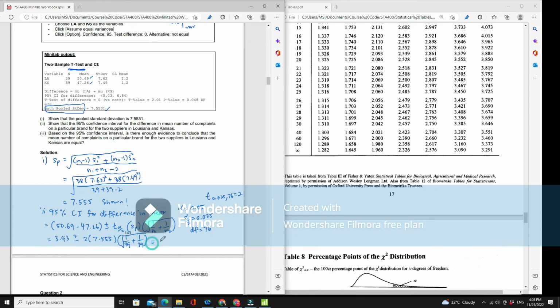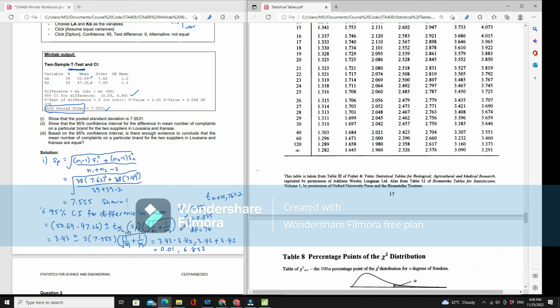Then calculate, we get 0.01 and 6.852. Right. So our answer is slightly different from the 95% confidence interval from the output because our value of t is an approximate number. So never mind, it is acceptable.